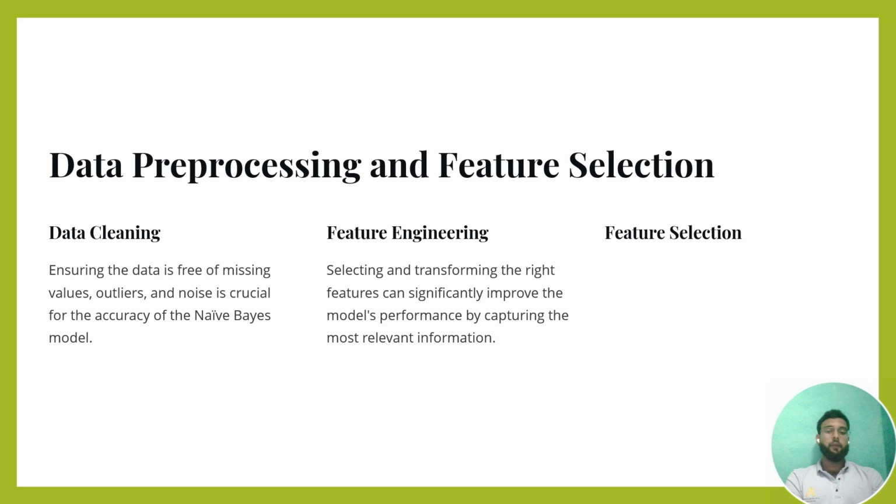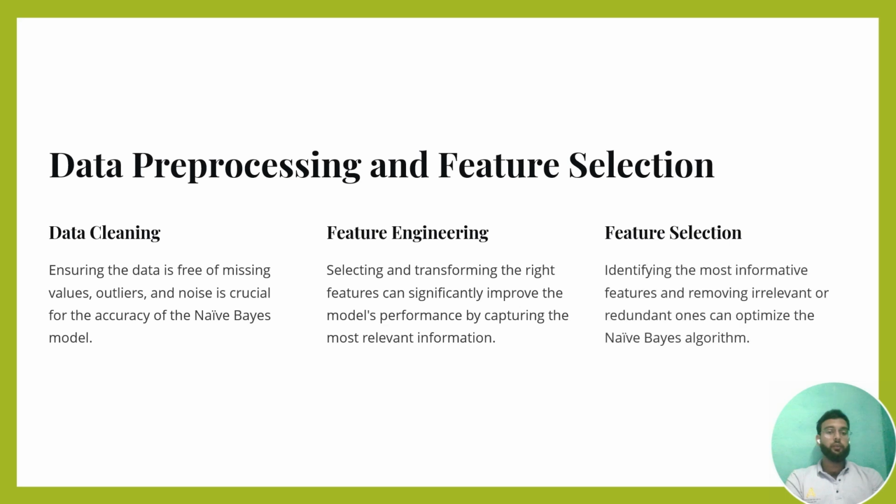So by using the correct feature engineering, we can implement the naive-Bayes theorem and make our model very accurate and very predictive, where users can get their outputs easily. Thirdly, we can do feature selection.